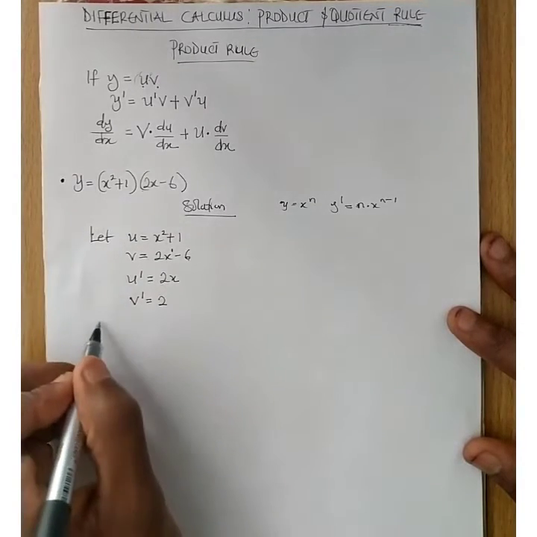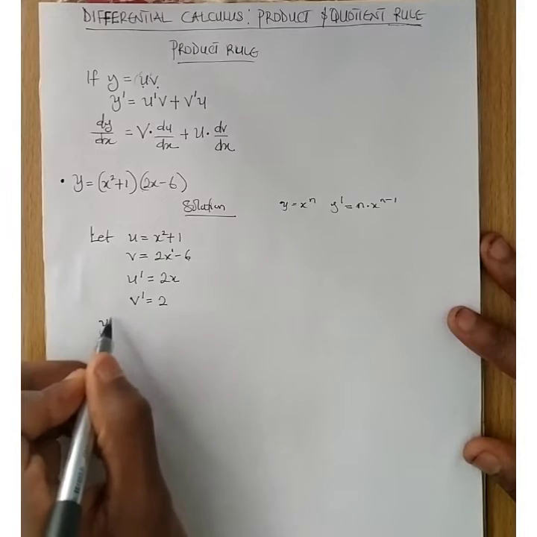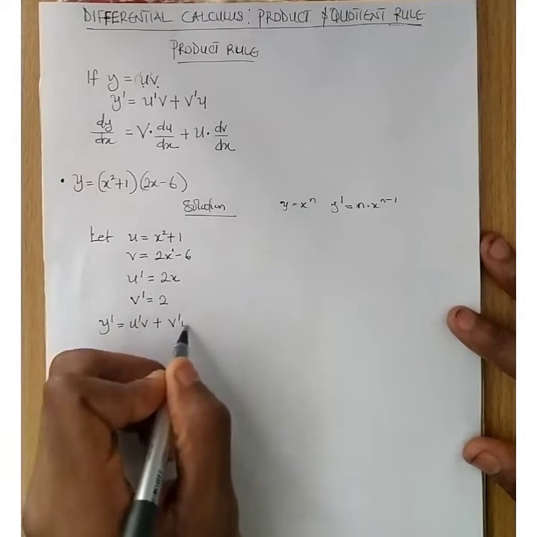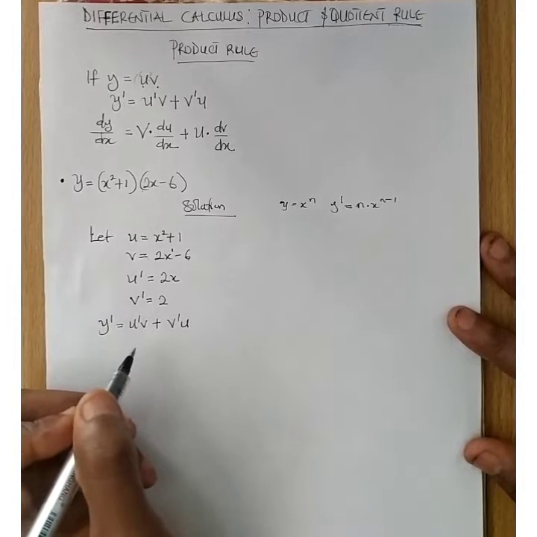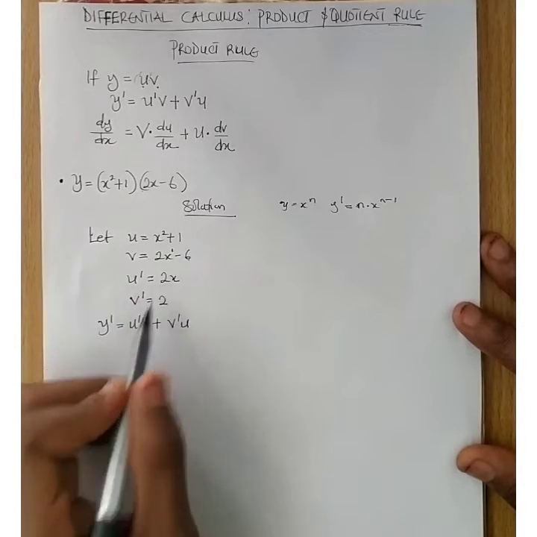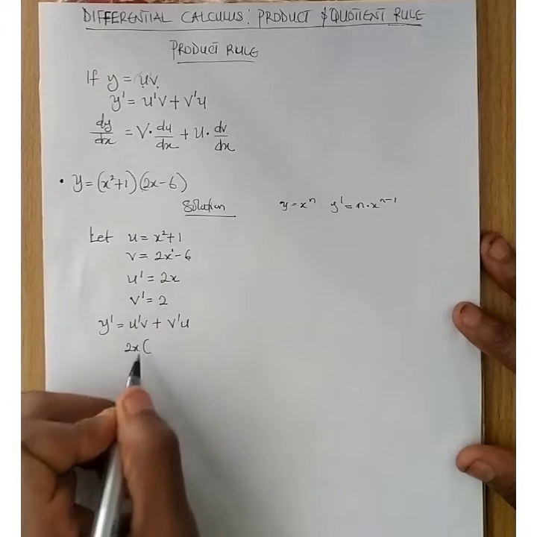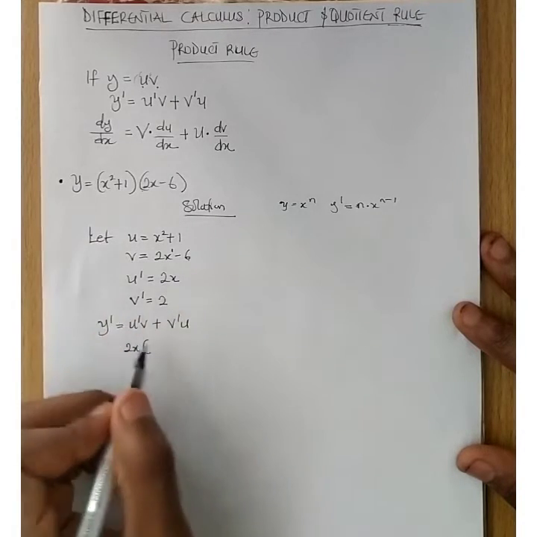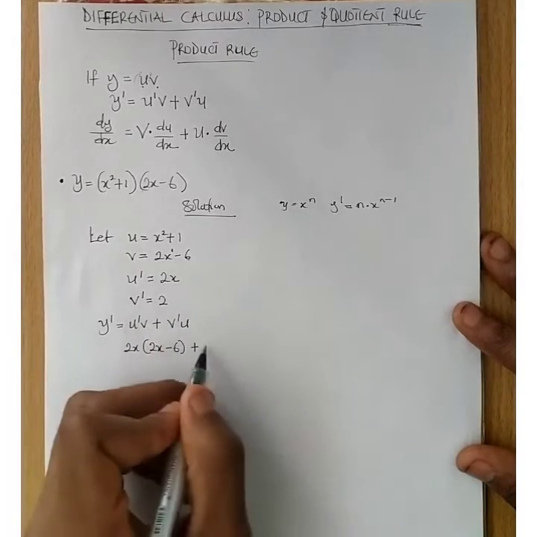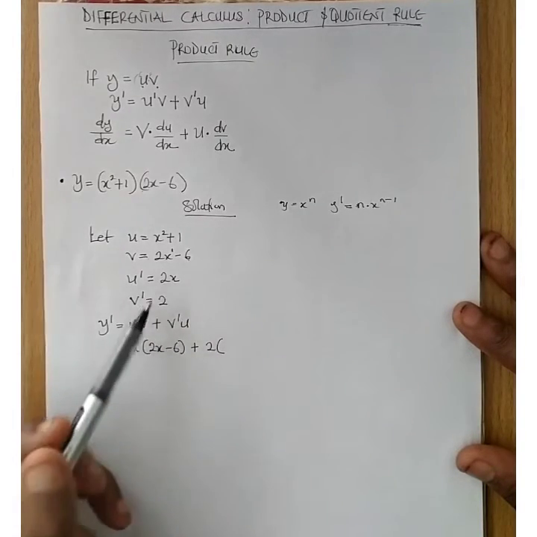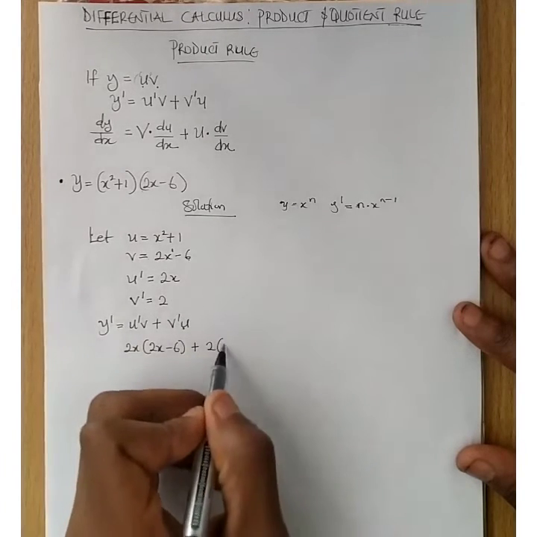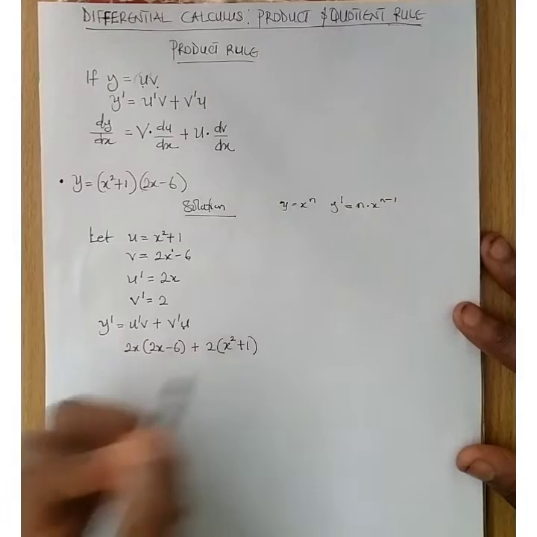So now we can bring in our formula, which says that y prime is u prime v plus v prime u, right? Yes. So u prime is what? 2x. So we have 2x is going to multiply v, function v is 2x minus 6, then plus v prime is 2. 2 is going to multiply u, right? And function u is x squared plus 1.